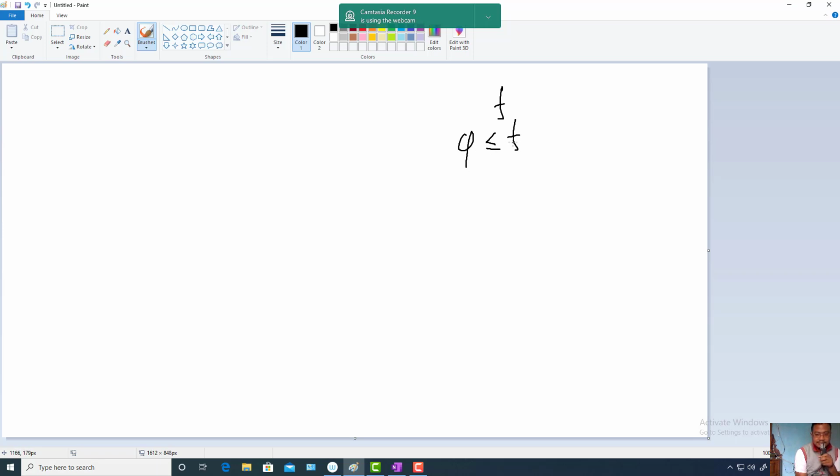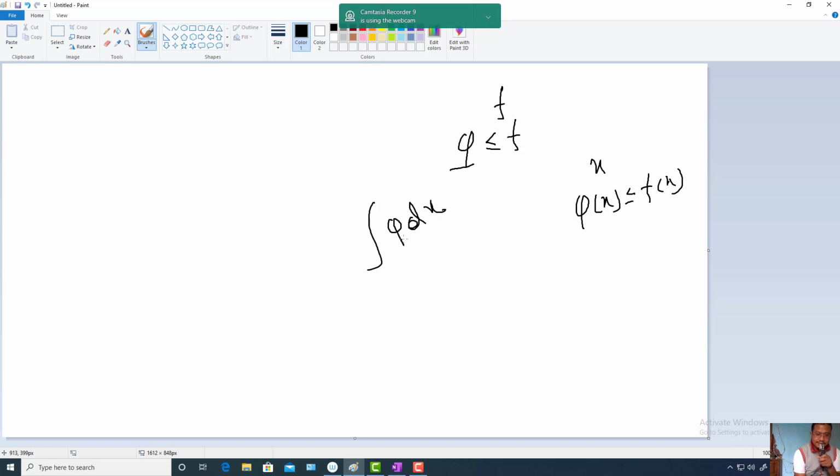Phi is less than or equal to f means that at every point x, phi of x is less than or equal to f of x. Since you know how to find the integration of a simple measurable function, this is some real number.